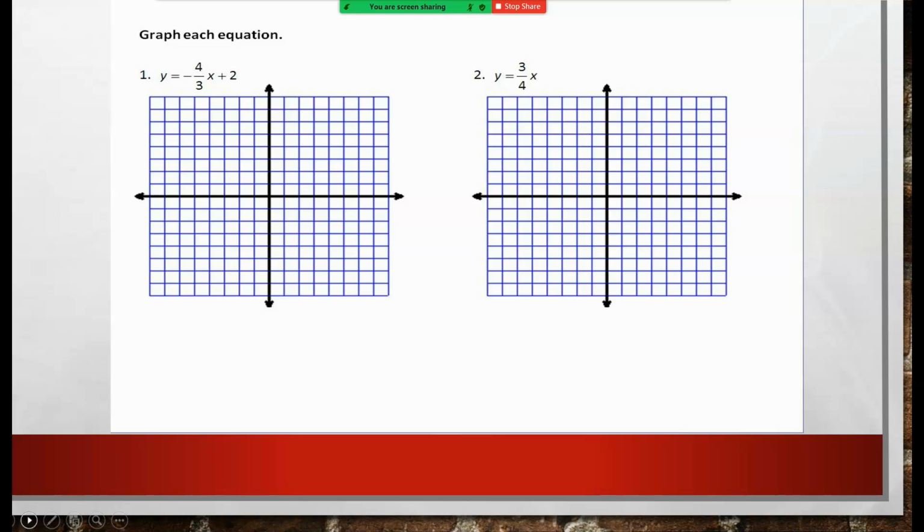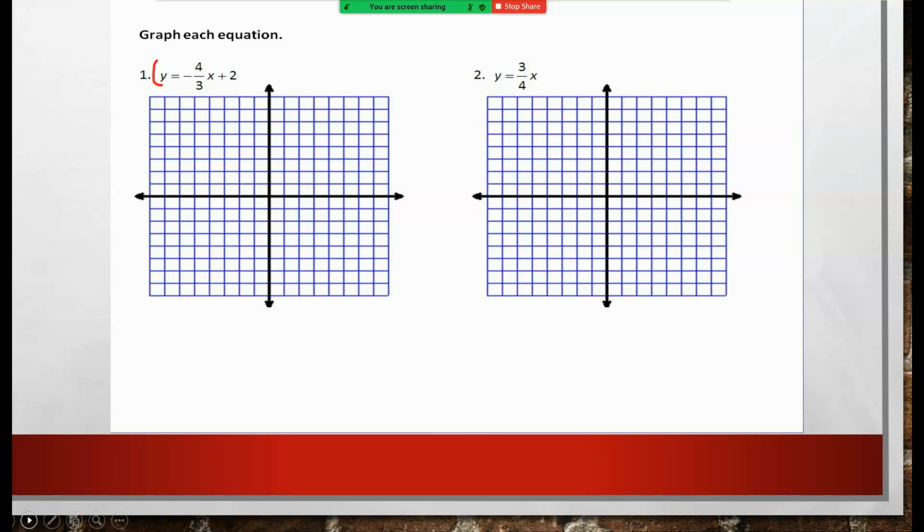Now, as you heard in the song, our goal today is to graph. So we're going to graph equations by finding our x and y intercept and writing our equations in standard form. So we're focusing on rewriting in standard form.